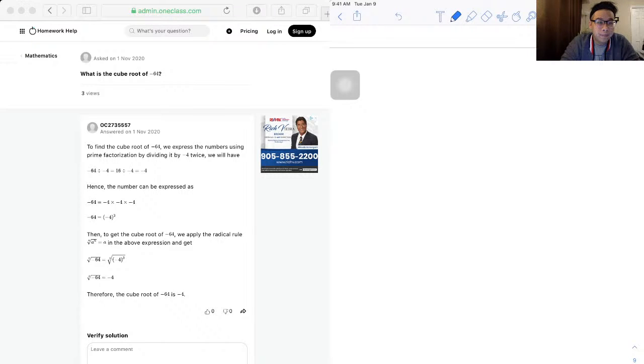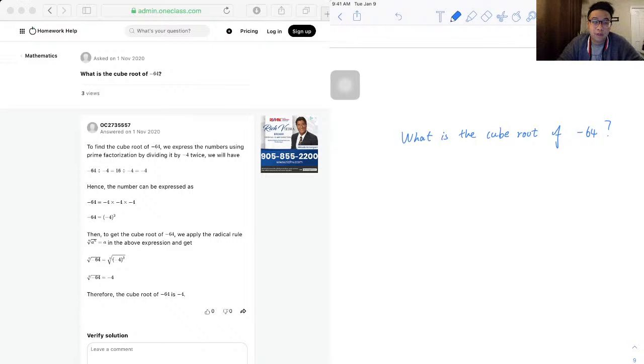So coming up, we have our next question. What is the cube root of negative 64?